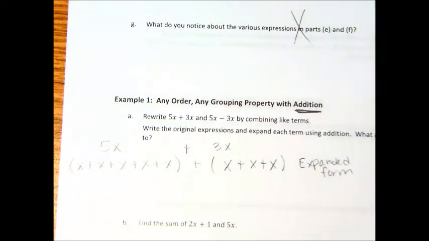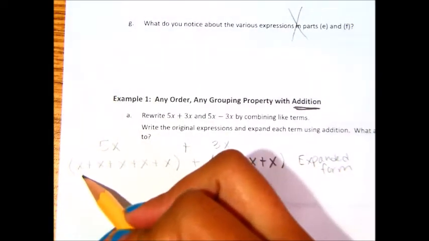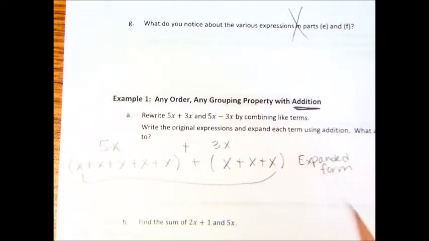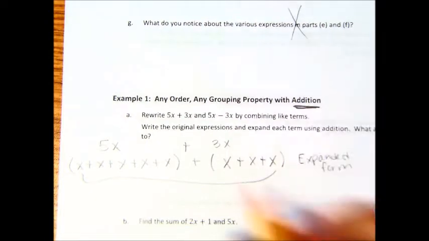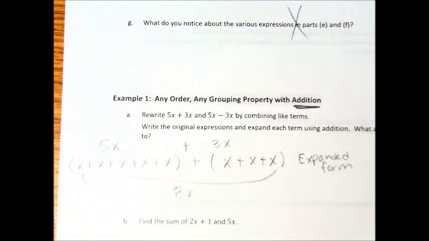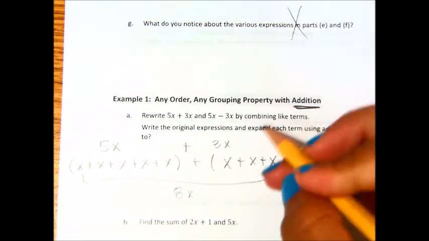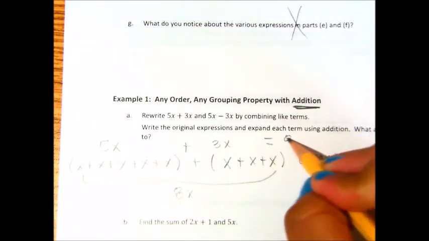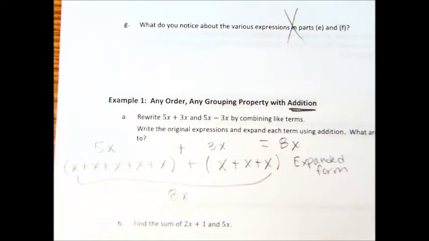Now I want to use expanded form to tell me how many total copies of x I see. How many total copies of x do you see? You should see 8 copies of x, so it's rewritten as 8x, because 5x plus 3x does total 8x.